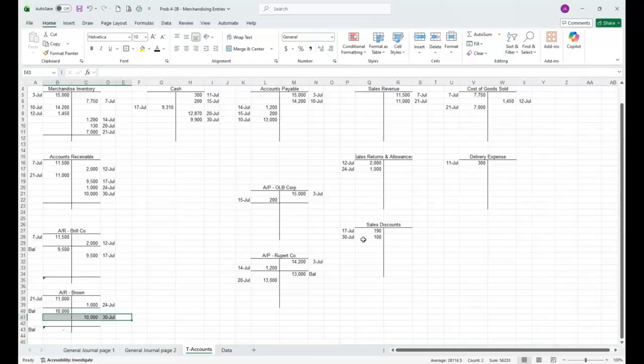We have a $100 debit to sales discounts and a $9,900 credit to cash. Debit to cash. Hang on a second. There we go. Let's get that corrected. It's a $9,900 debit to cash, a $100 debit to sales discounts, and a $10,000 credit to accounts receivable.